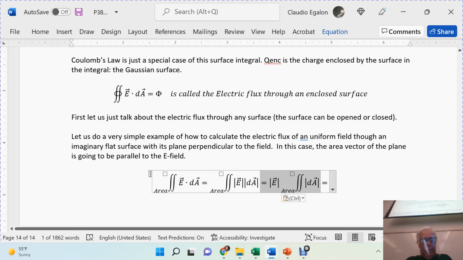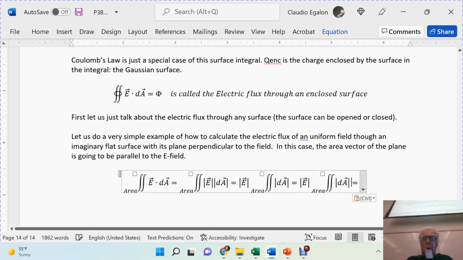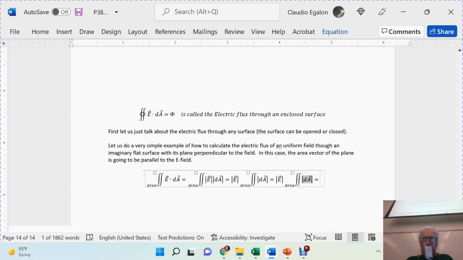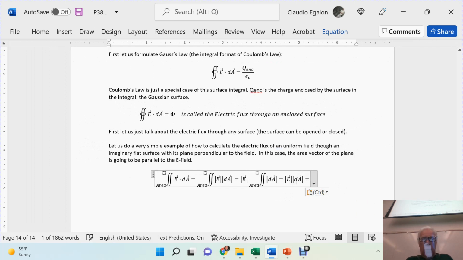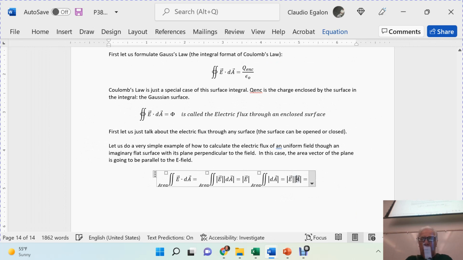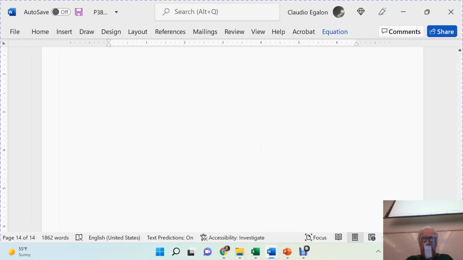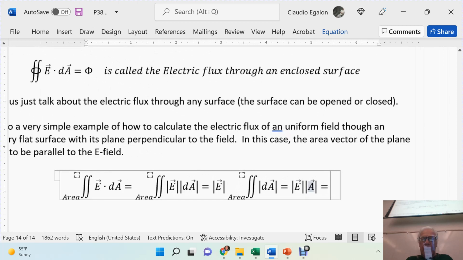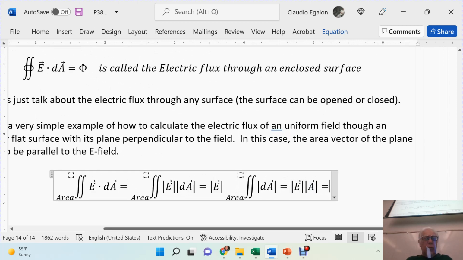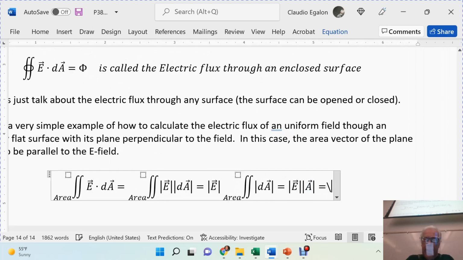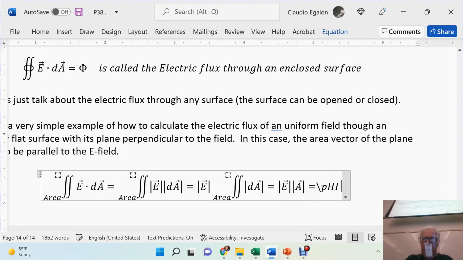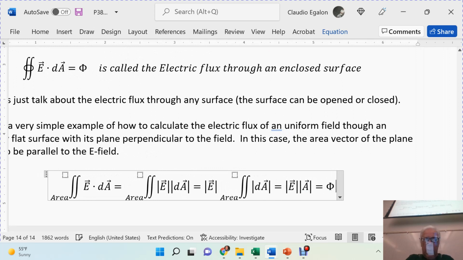And then for this simple example, we end up with this simple result. The flux across that imaginary surface is going to be given by EA. Okay, that's the electric flux.